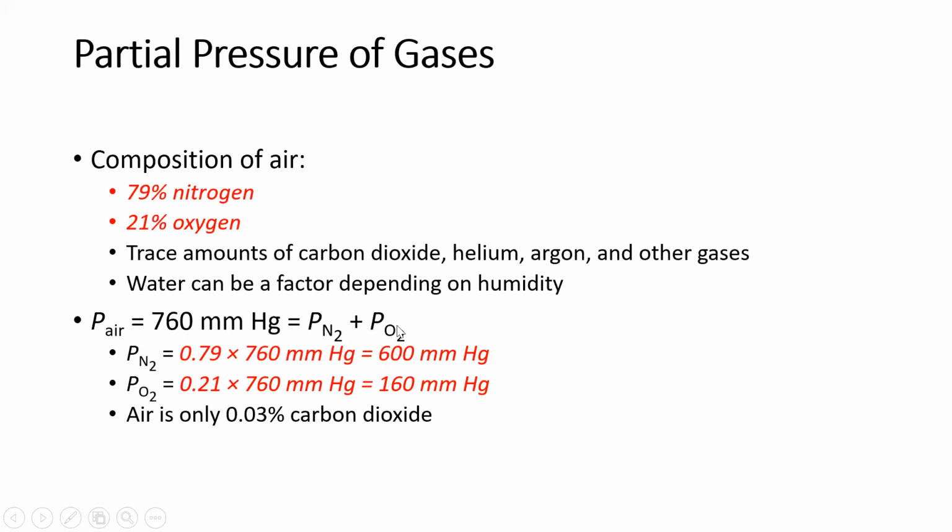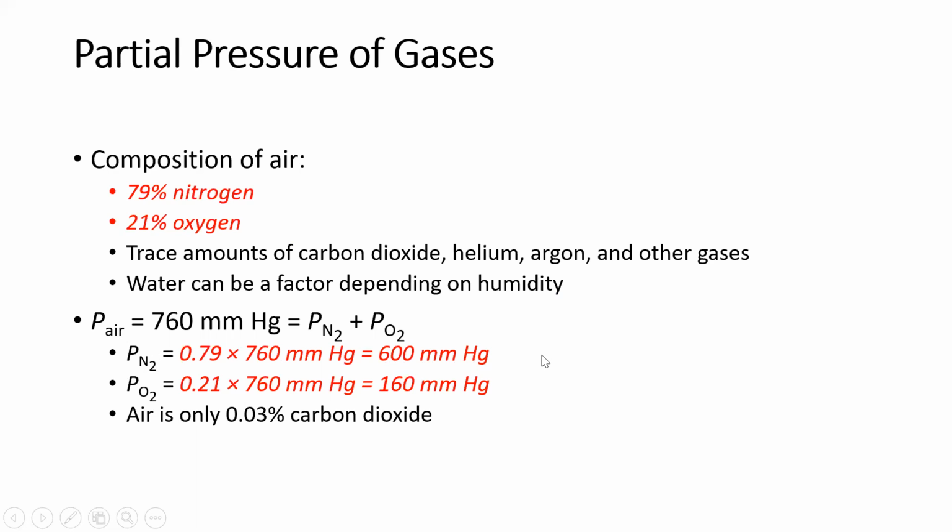And we're going to ignore some of the trace amounts of other gases. So calculating the partial pressure of nitrogen, we simply multiply the percent of our total mixture that is nitrogen. Nitrogen is 79%, so 0.79 times the total pressure of our mixture, which is 760 millimeters of mercury. And so the individual partial pressure of nitrogen is 600 millimeters of mercury.